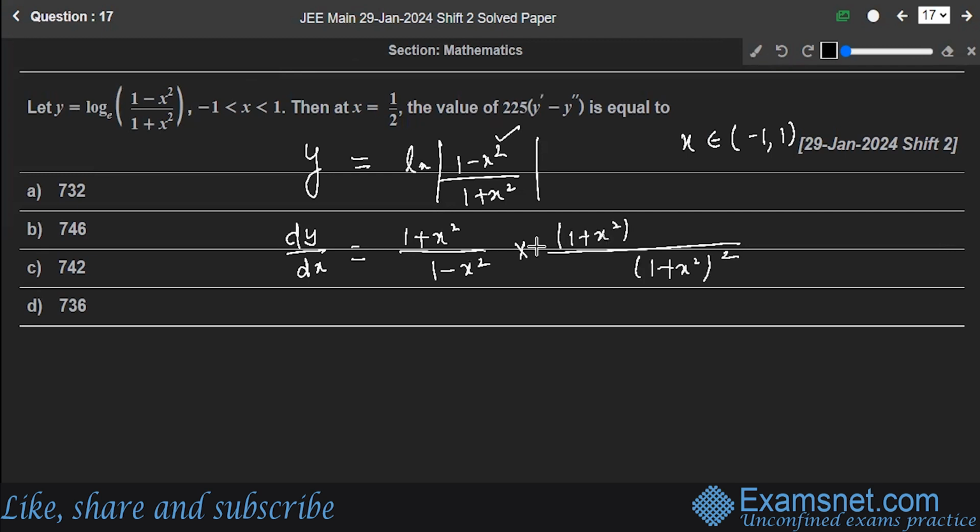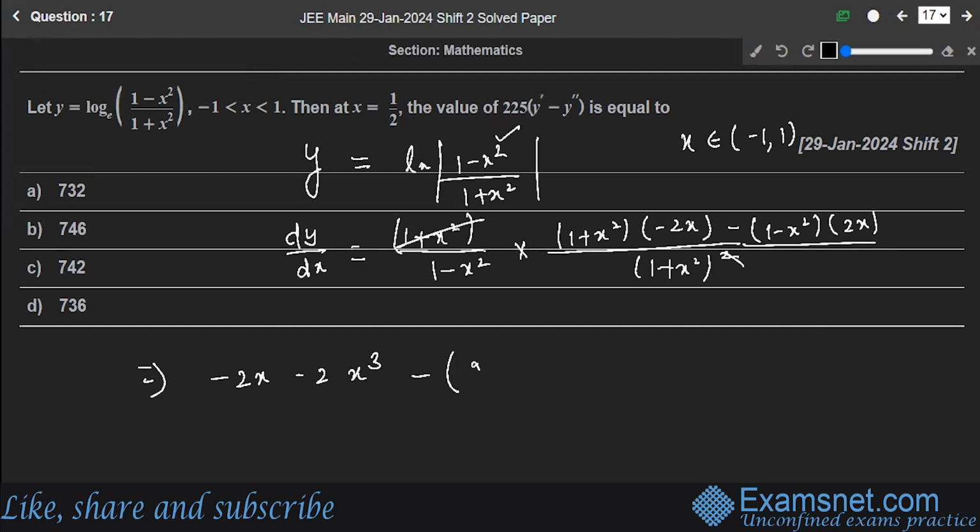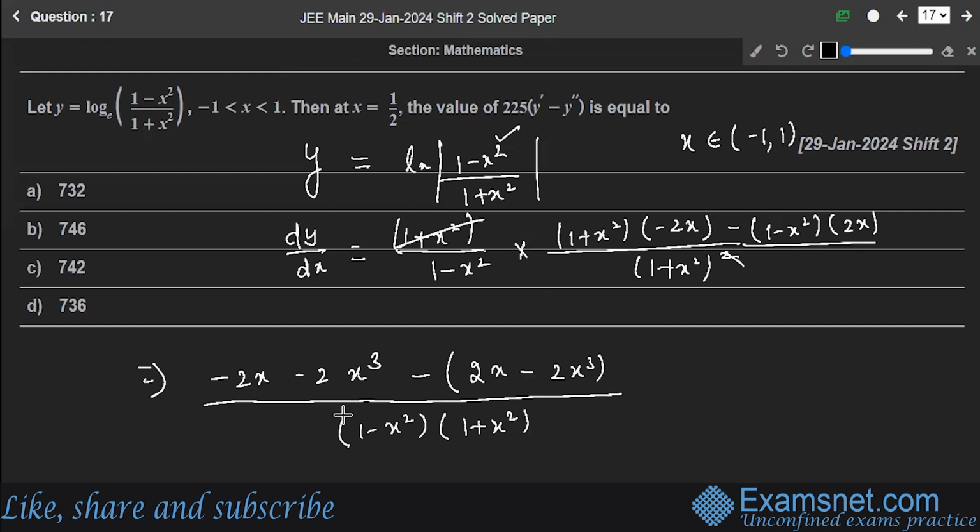Denominator will be written and numerator's derivative minus numerator into derivative of denominator. So first thing, this and this will cancel. You have minus 2x minus 2x cube minus, avoid any confusion, this whole divided by (1 minus x square)(1 plus x square).